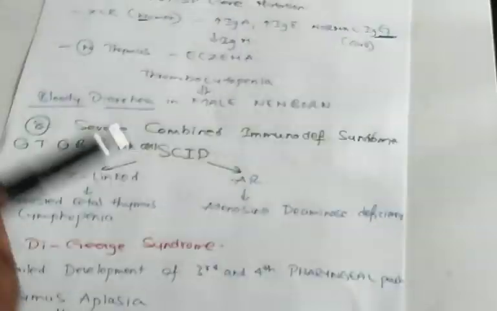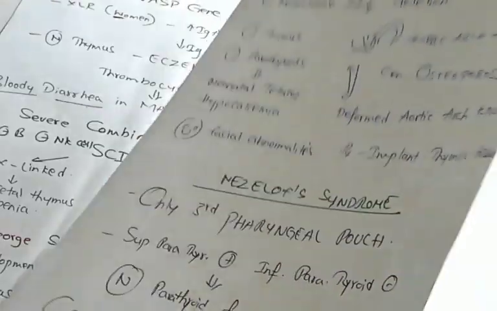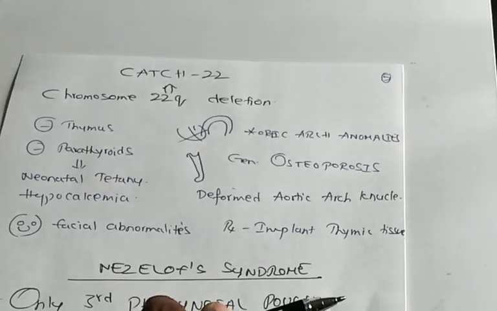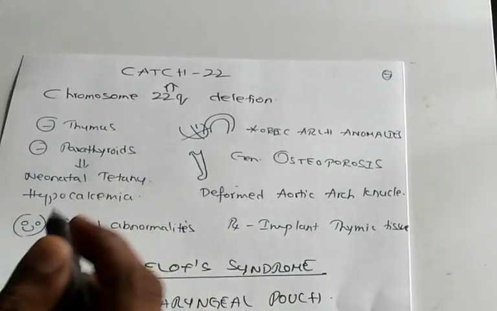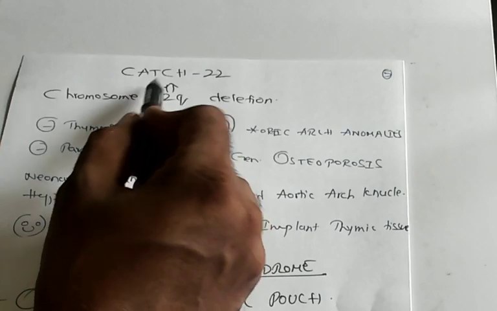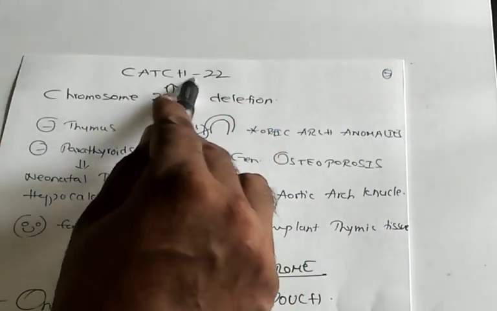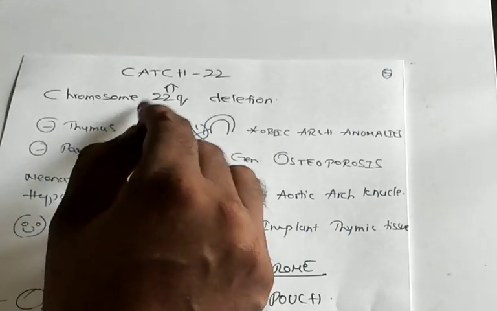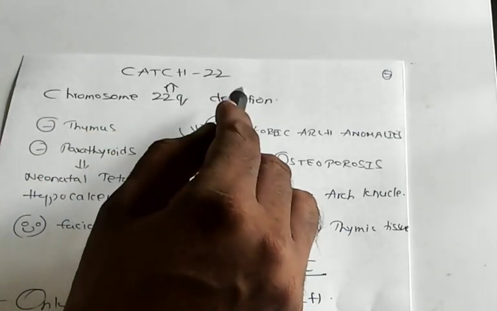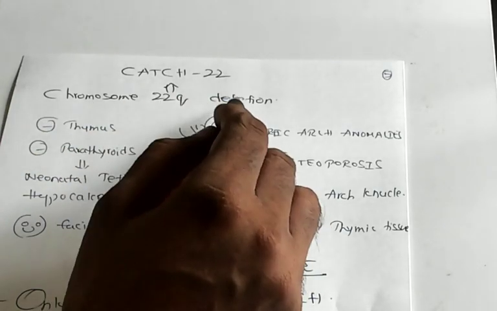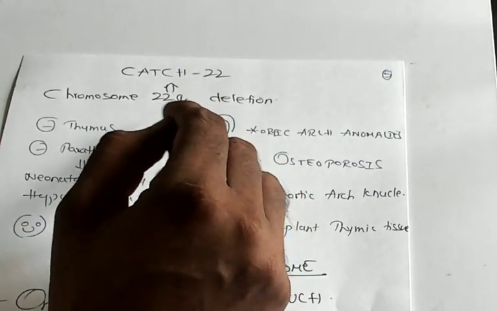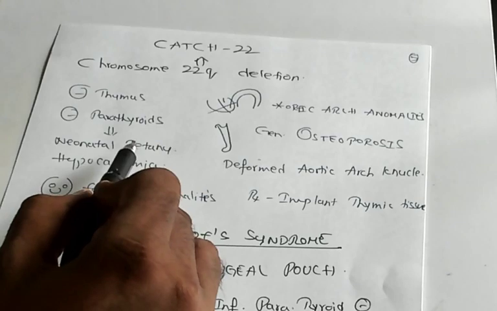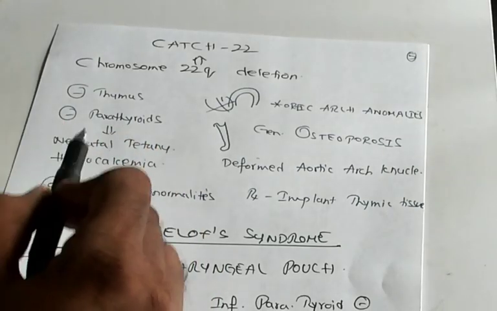But last but not the least, before we say that we became champions, you should remember DiGeorge को कहते हैं catch 22 syndrome. Catch 22 syndrome. अच्छा भाई इसमें catch क्या है? Chromosome 22q deletion is a feature in case of DiGeorge syndrome. You should remember. So, thymus is absent, parathyroids are absent.